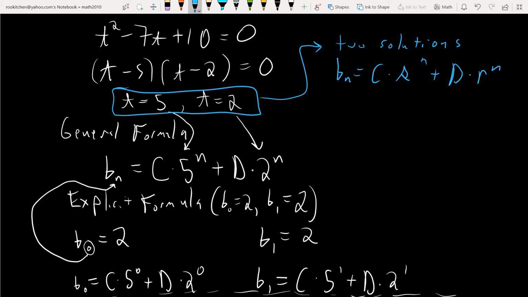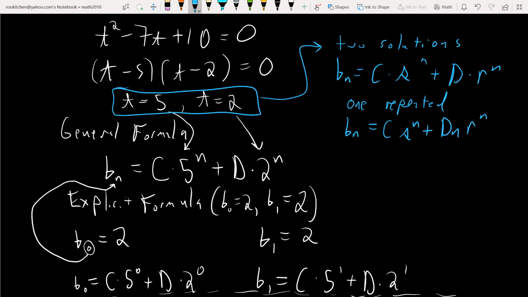Okay. If you have just one repeated solution, for instance, if it was t minus 5 times t minus 5, your form changes a little bit. This one's given in the book. I don't think it comes up in the homework, but just to note it, it would be something like this.